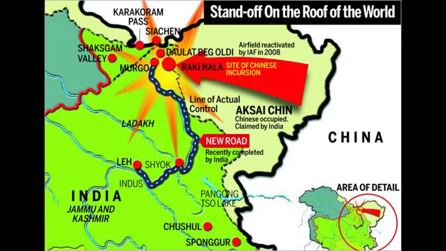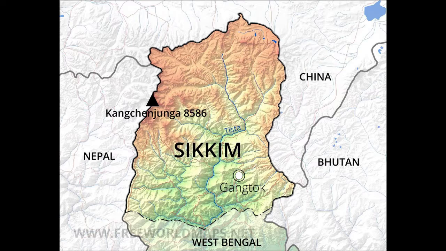Now, for the brevity of your understanding, let us sum up the entire border dispute with the help of this flowchart. In the Ladakh sector, China claims the entire Ladakh region and India claims Aksai Chin, which is administered by China. In the Sikkim sector, China claims Sikkim, which is administered by India.